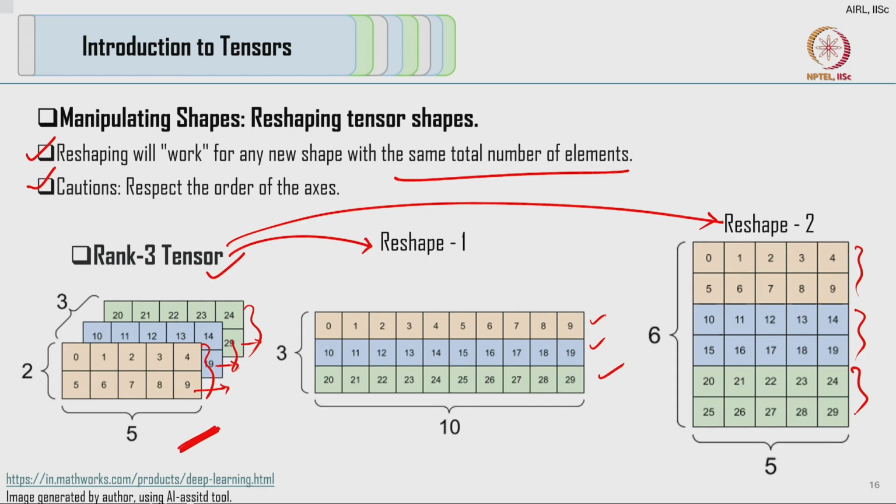In all of these operations we are respecting the order of an axis, or we are preserving the information of these axes, right. Now this is one reshape operation where we are trying to manipulate the shapes and create the tensor with the same number of elements but a different shape.